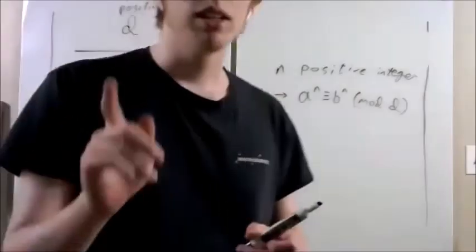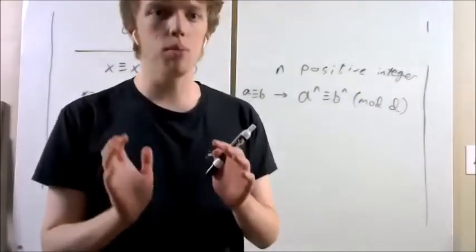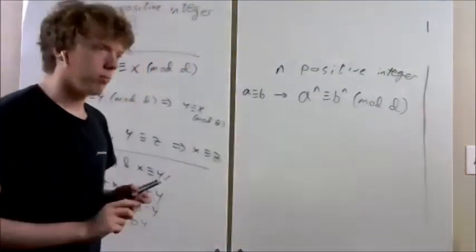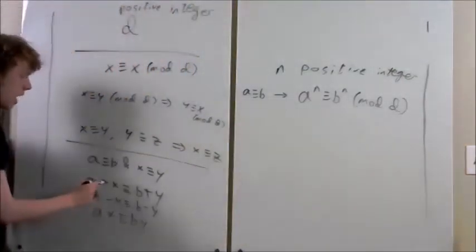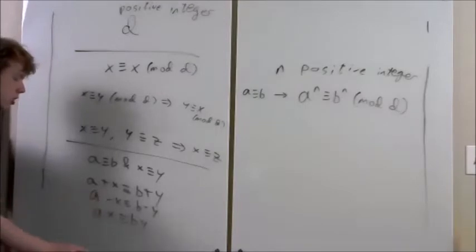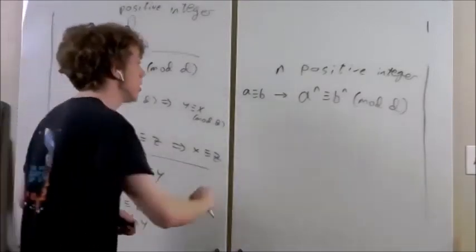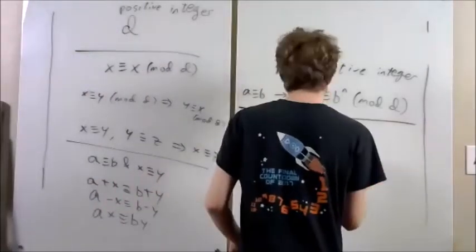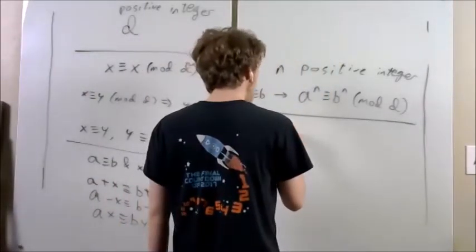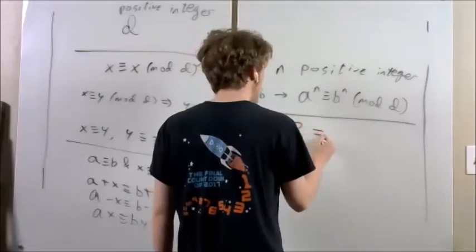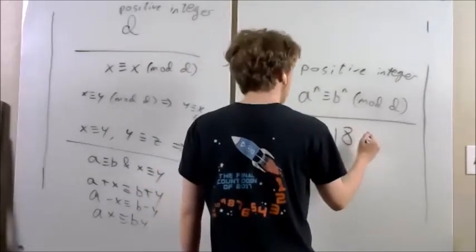There is an important caveat. There's an important thing that you need to be aware of. Notice, I mentioned addition. I mentioned subtraction. I mentioned multiplication. I did not mention division. For example, you can see that 28 is congruent to 18 modulo 10.